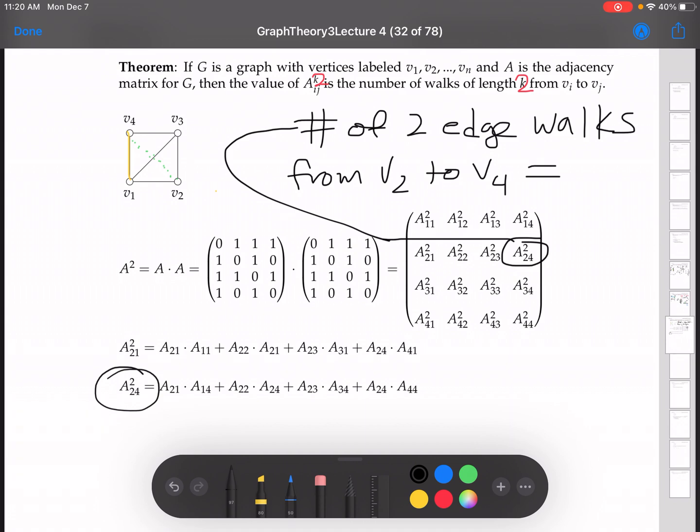Now, how many of those are there? From V2 to V4, maybe we found 2 of them, right? Let's see. We found that one, V2 to V4, and that one. So the answer is 2. We can see the answer is 2. Now let's see how this is computed.